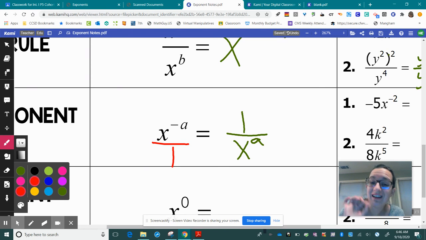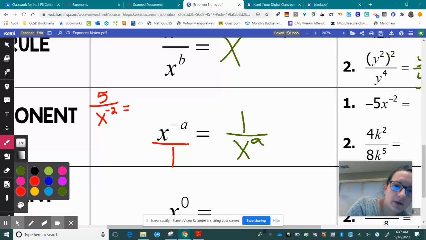The issue is if that negative exponent is already in the denominator. It doesn't get thrown back into the denominator. It's already there. It's already unhappy. So if we happen to have something like 5 over x to the negative 2, it's unhappy in the denominator, so it just gets moved to the numerator.